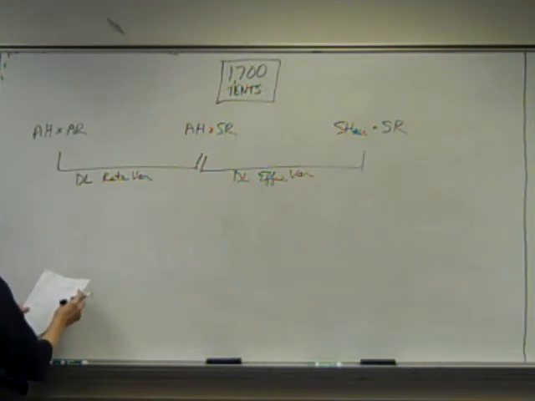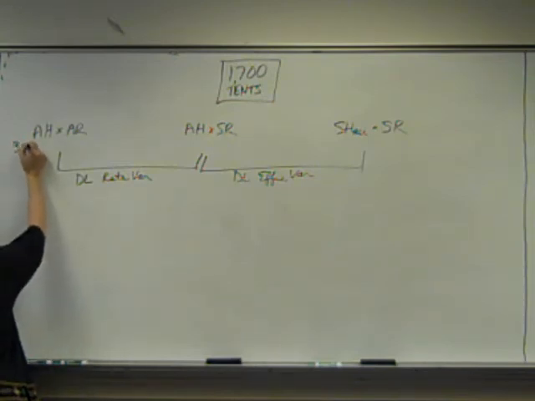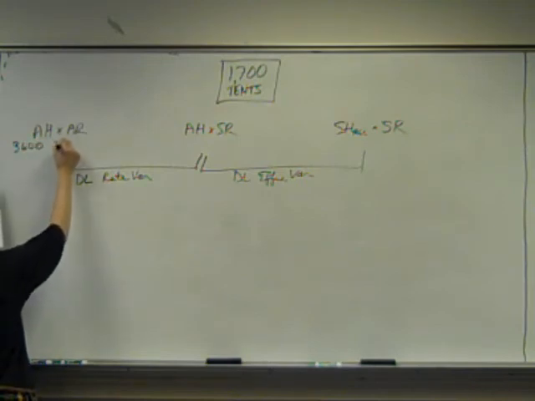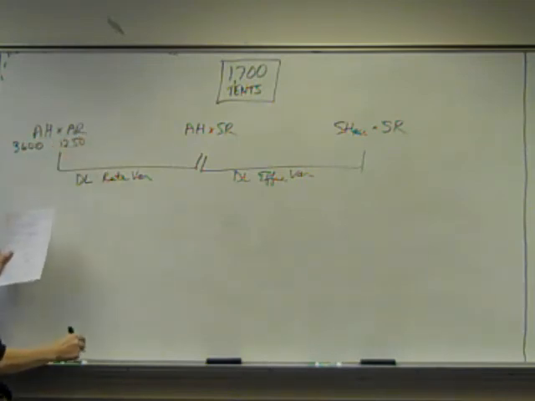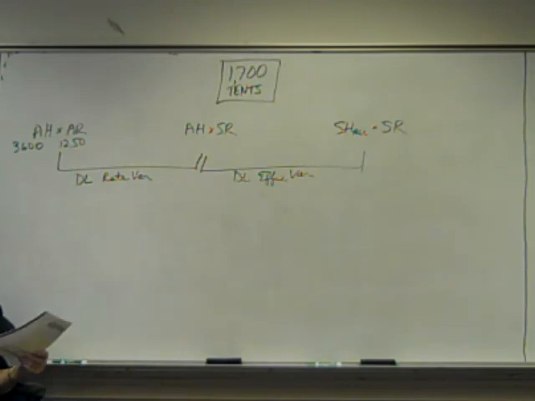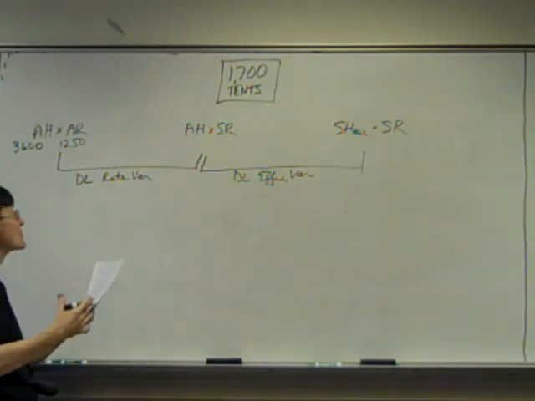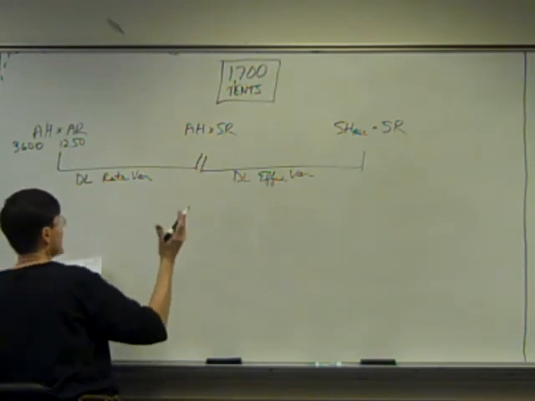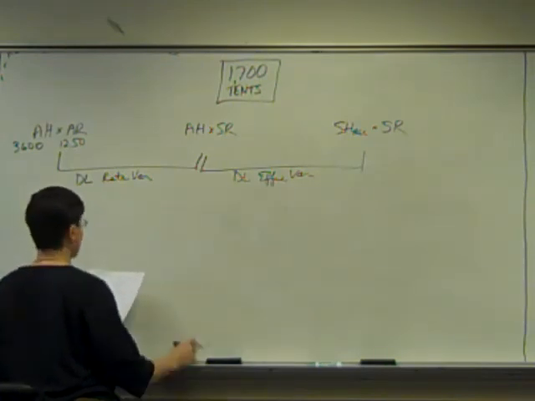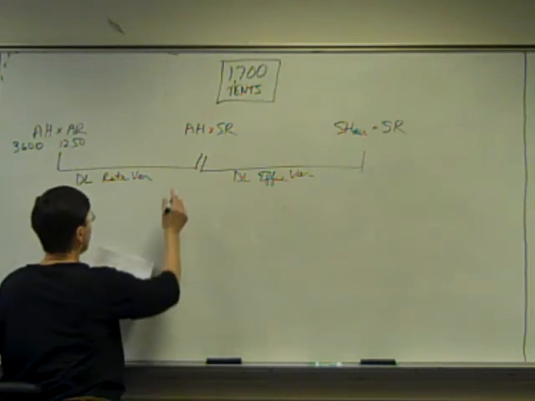For the labor variance, we actually worked 3,600 hours and we paid an average of $12.50 an hour. Remember that average includes benefits. All right, so that's our average labor price, which could include anywhere from 22 to 30% of benefits markup.